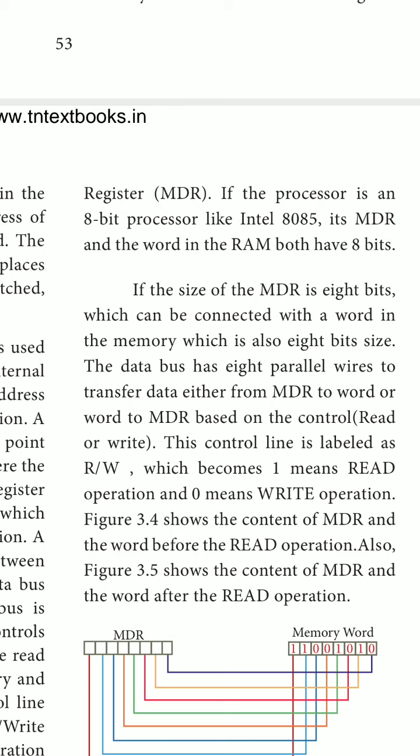If the size of the MDR is 8 bits, then it can be connected with a word in the memory which is also 8 bits in size. The data bus has 8 parallel wires to transfer 8 bits either from MDR to word or word to MDR.